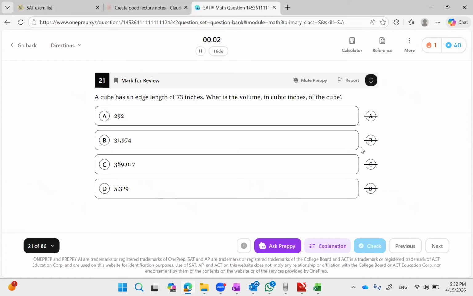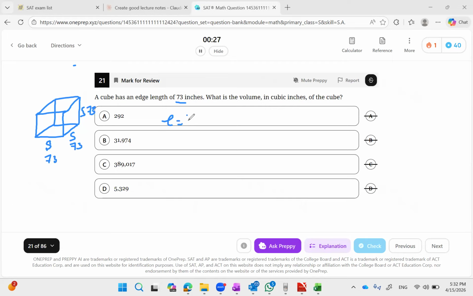A cube. What's the difference between a cube and a cuboid? A cube is a square. In a cube, all sides are the same. And each side we can call it S or L or whatever. So if I'm looking for the volume, it's side by side by side. So if the side is 73, this is 73, this is 73, and the height is 73. It means that the length is 73, height is 73, width is 73.